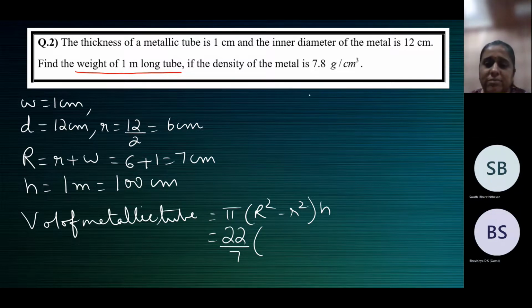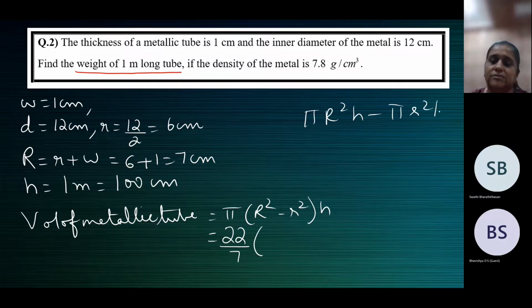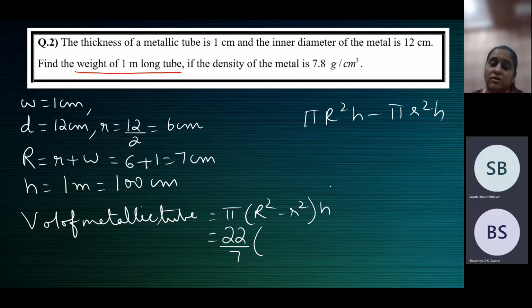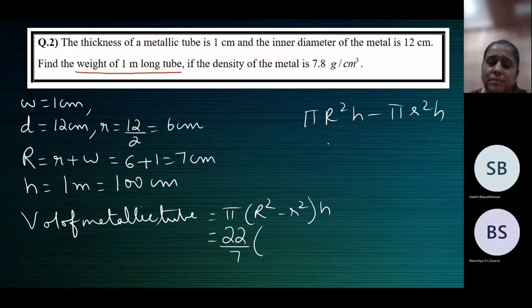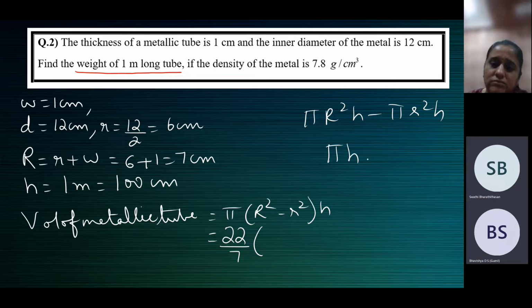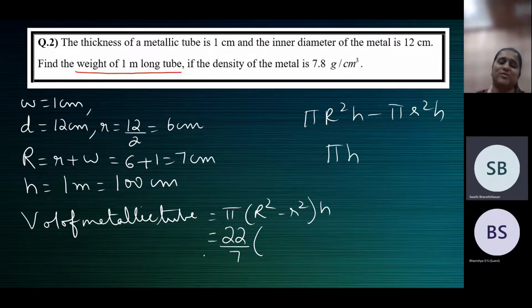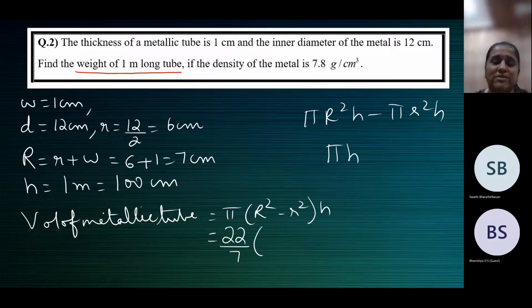You're saying you should write pi R square H minus pi r square H, is it? Yes, ma'am. What will you use now? Ma'am, pi and H are common, they will come out. And R square, no, that's not common there, okay?